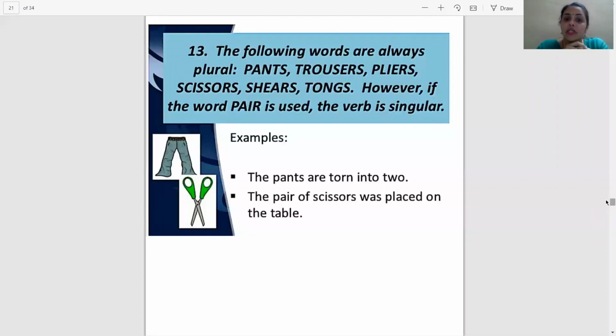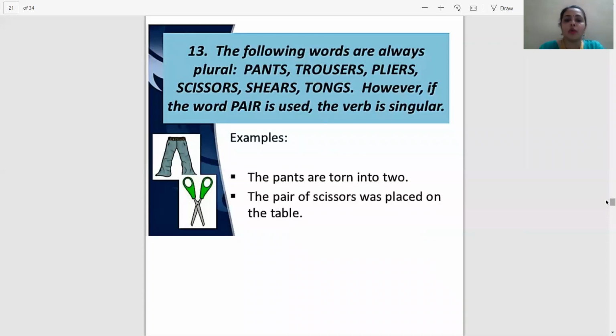However, if the word pair is used, then the verb is singular. If we talk without using the word pair, it is plural. But if we use the word pair with it, then it becomes singular.